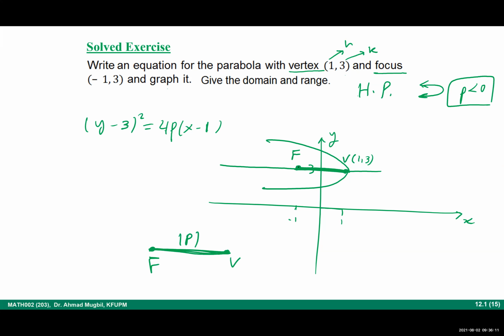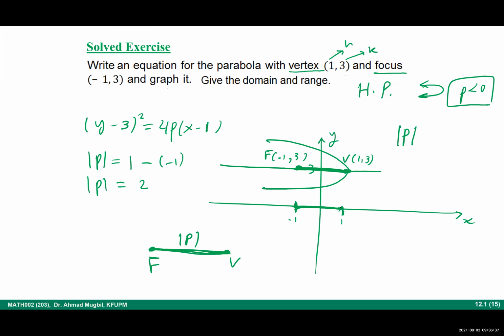So now this point, ya Shabab, is negative 1 and 3. What is the distance from negative 1 to 1? The absolute value of p equals 1 minus negative 1, which will be 2.